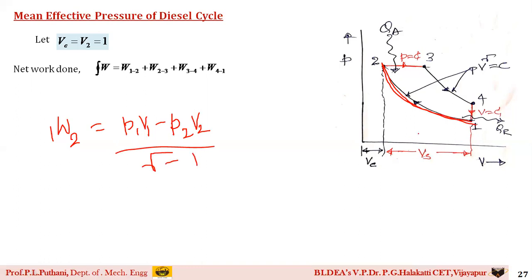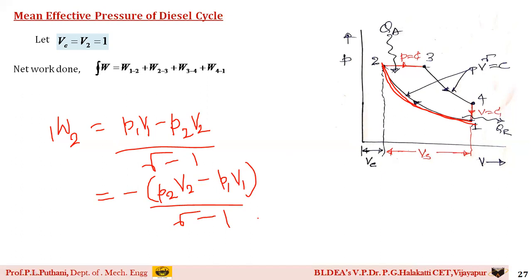Now, as per our graph it is a compression, so I write it as minus of P2 V2 minus P1 V1, whole divided by gamma minus 1. So this is the work done expression for the isentropic compression process.